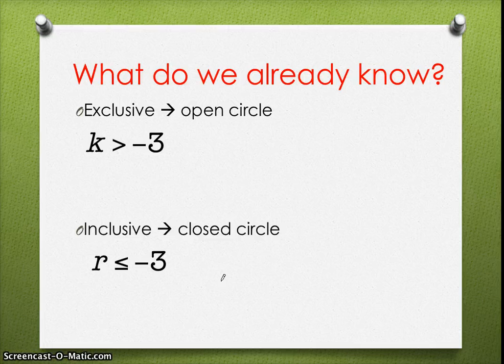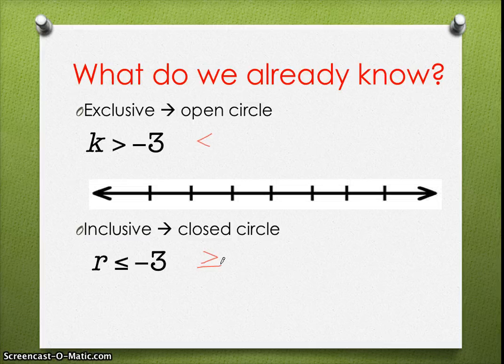Exclusive inequalities are examples where we have the greater than sign or the less than sign. Contrastly, we have inclusive inequalities that use closed circles. And we know that we have an inclusive inequality if we have something in the expression that includes equal to. So less than or equal to, or greater than or equal to.